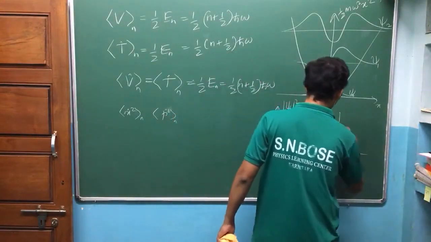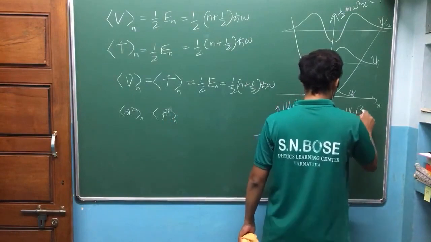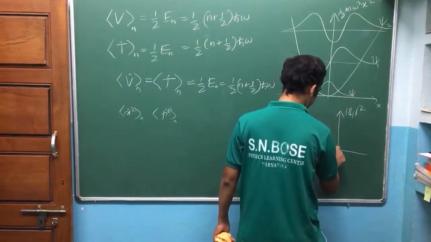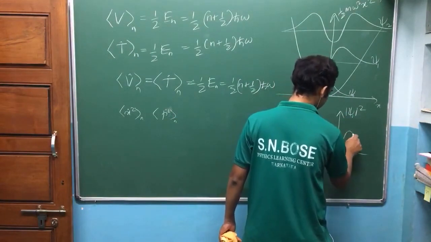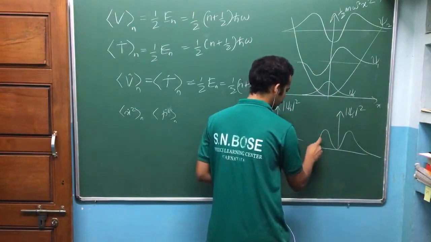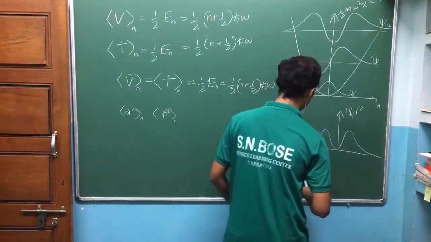Mod psi 1 square, it is I think, it's not getting to 0, it will go to 0 slowly. Is that okay?